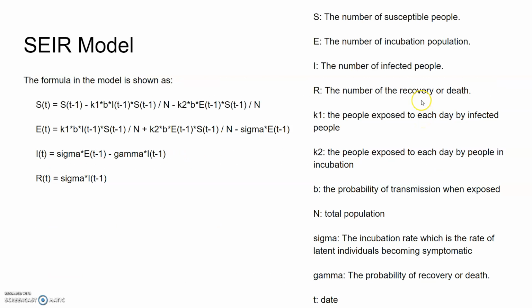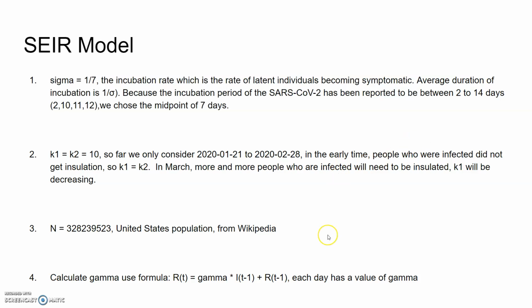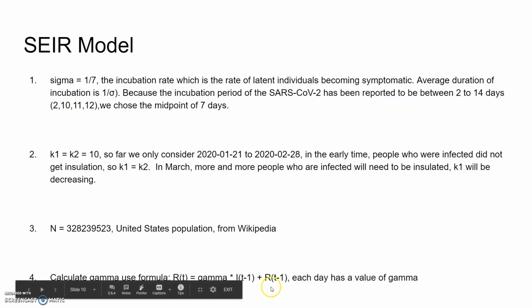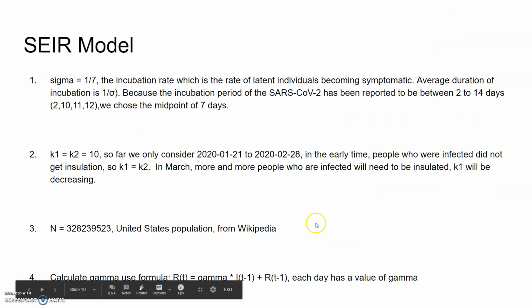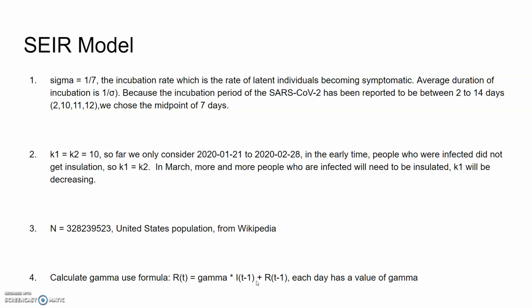But in this data set, we do not have the recovery record. We only have the death record. Also we know I, the number of infected people, and T, the time.